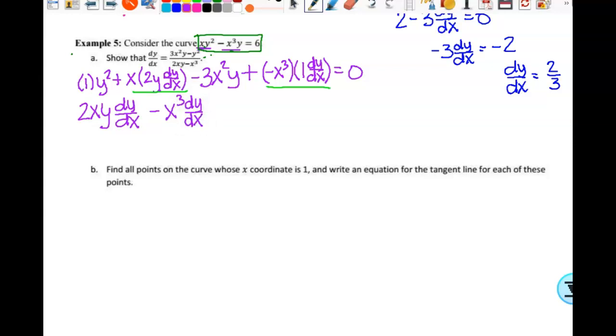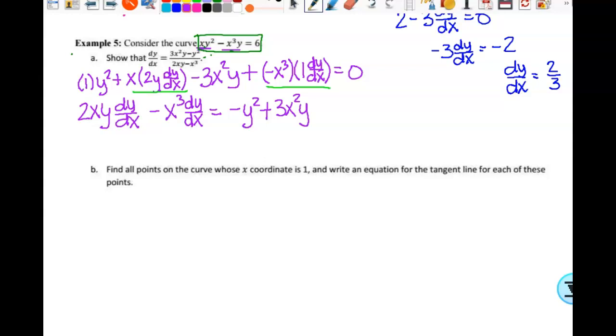Right? Then the other two are going to get moved over to the right, so I'm going to subtract y squared, and I'm going to add 3x squared y. Okay? Everybody with me so far? So everything that has dy dx on the left, everything that doesn't on the right, what do we do next?